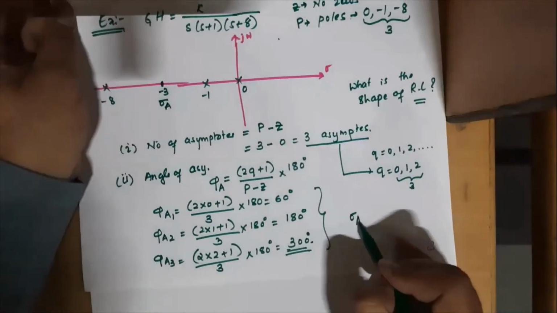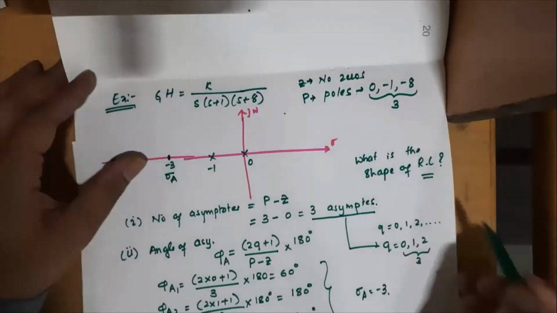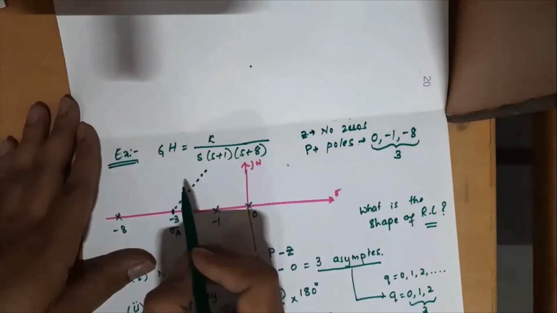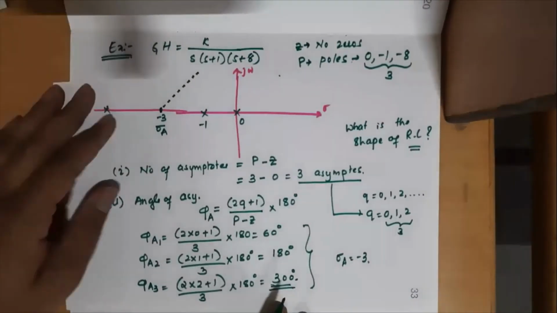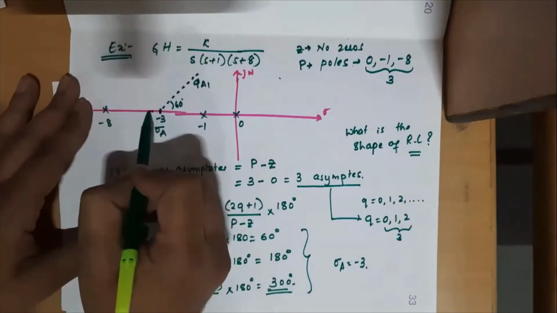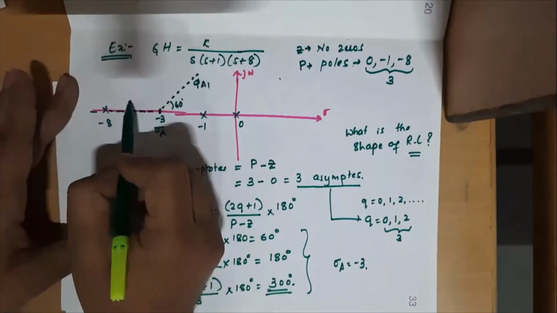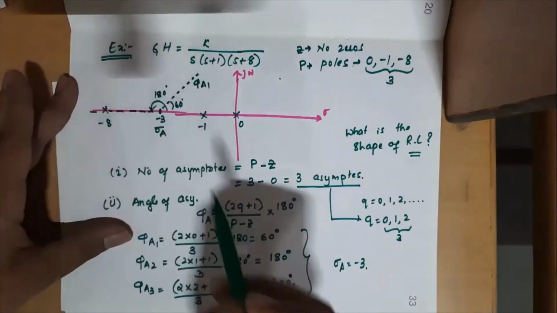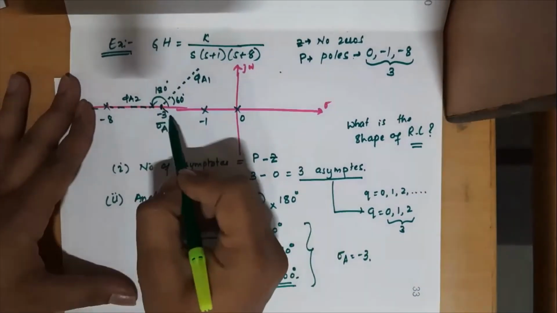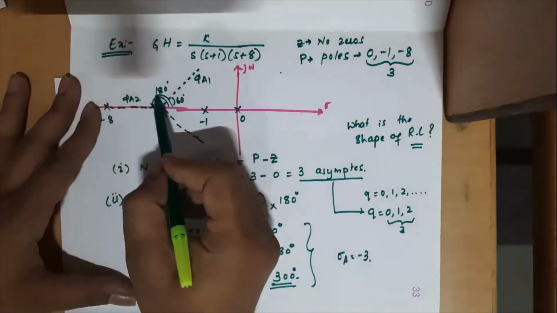Next, how to draw these straight lines? To draw these 3 asymptotes, the first one is at 60 degrees. That is the first asymptote. The second one is at 180 degrees, the second asymptote. The third one is at 300 degrees with respect to the real axis, so it is the third asymptote.